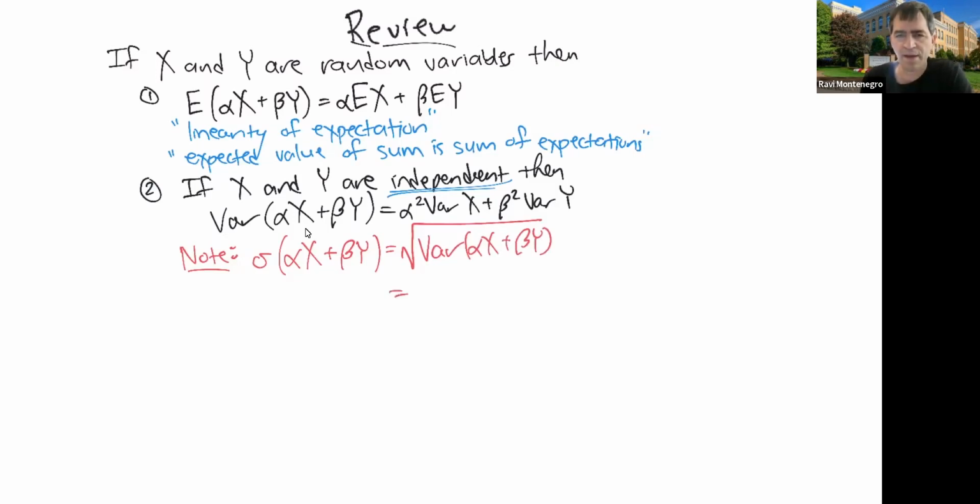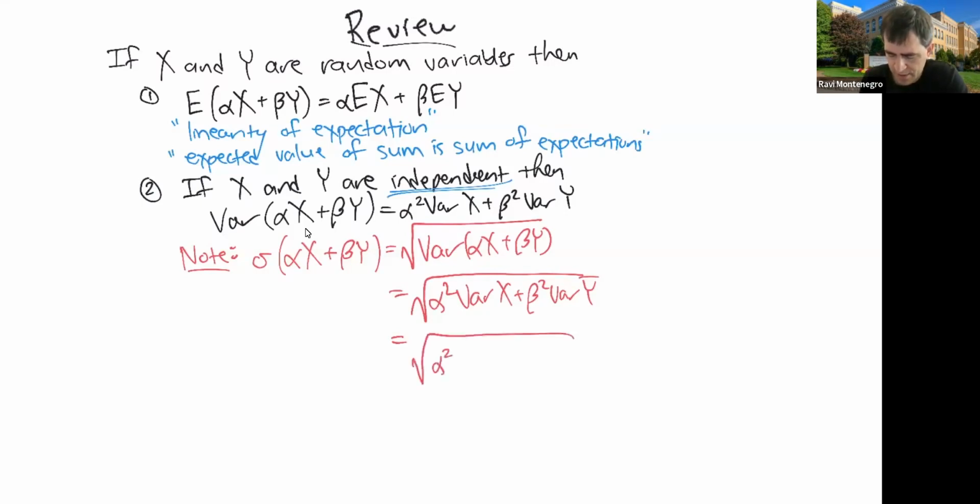So I can plug in that formula we just saw: square root of alpha squared variance x plus beta squared variance y. Well, if I'm talking about standard deviation of that sum, I should talk about standard deviation of x and y, not variance. So we can replace that with alpha squared standard deviation squared of x plus beta squared standard deviation squared of y.